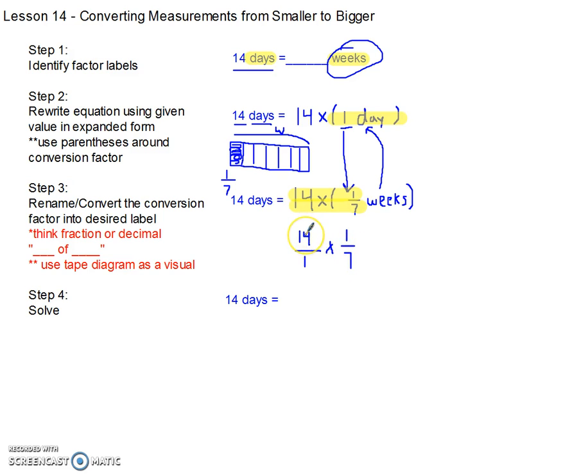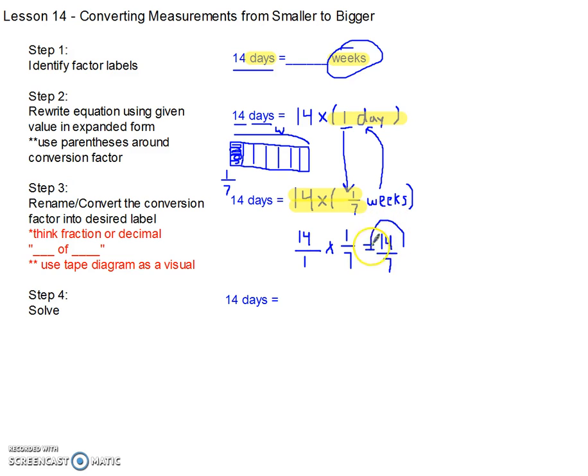And when we multiply across here, we have 14 times 1 equals 14 on the top in our numerator. And then we have 1 times 7 for our denominator, or under.